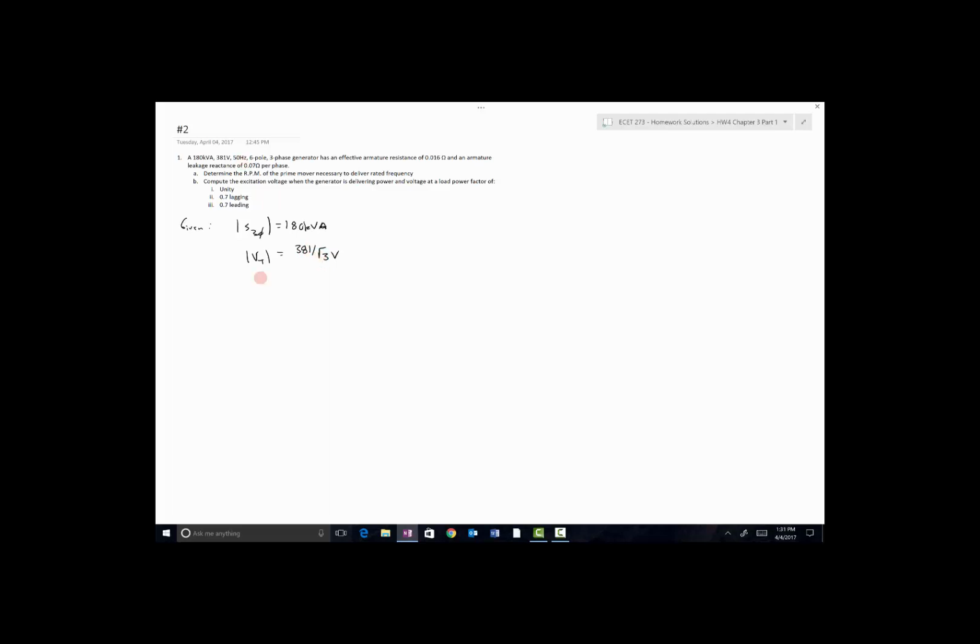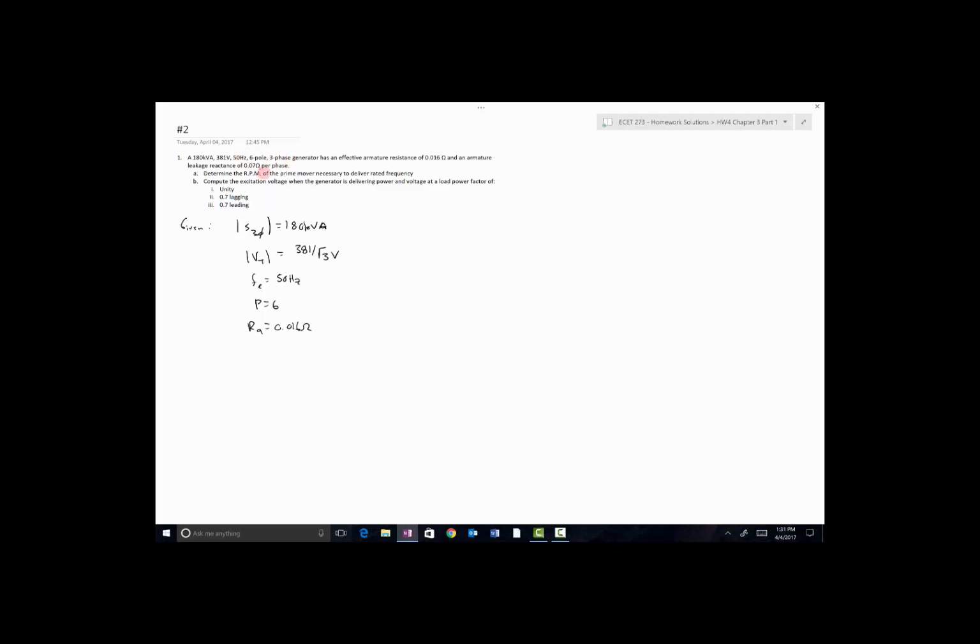We're told 50 hertz, that tells us the electrical frequency of the system. Poles is the number of magnetic poles in the generator. It's given the symbol capital P. Armature resistance, the symbol for armature resistance is R sub A, 0.016 ohms. And we've got a leakage reactance of 0.07 ohms per phase.